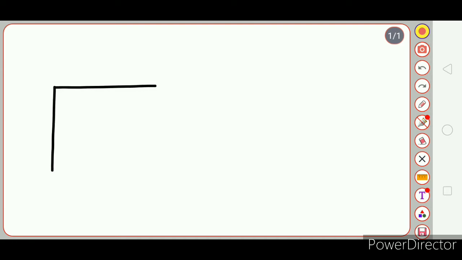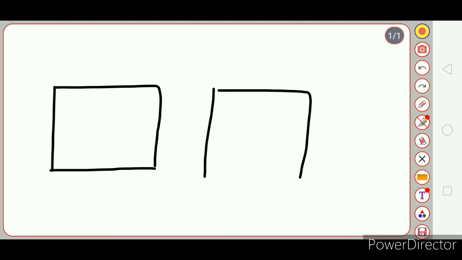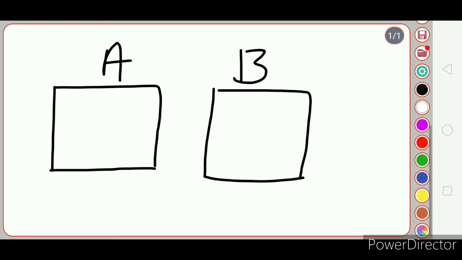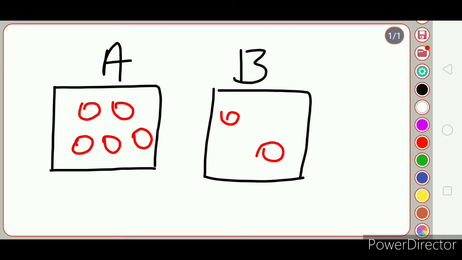Let's imagine two boxes of the same volume, A and B. In box A, I put 1, 2, 3, 4, 5 balls, and in box B, I put 2 balls.